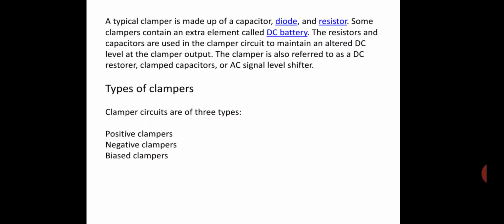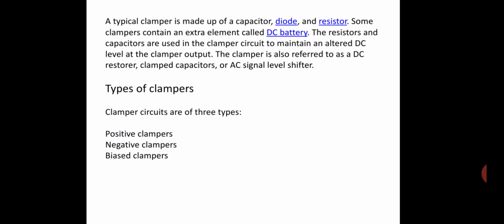And in a negative clamper, the DC level is increased, or we can say the input signal appears across the output in the negative direction, it shifts its position. When the output shifts its position in the negative direction, it is called a negative clamper.